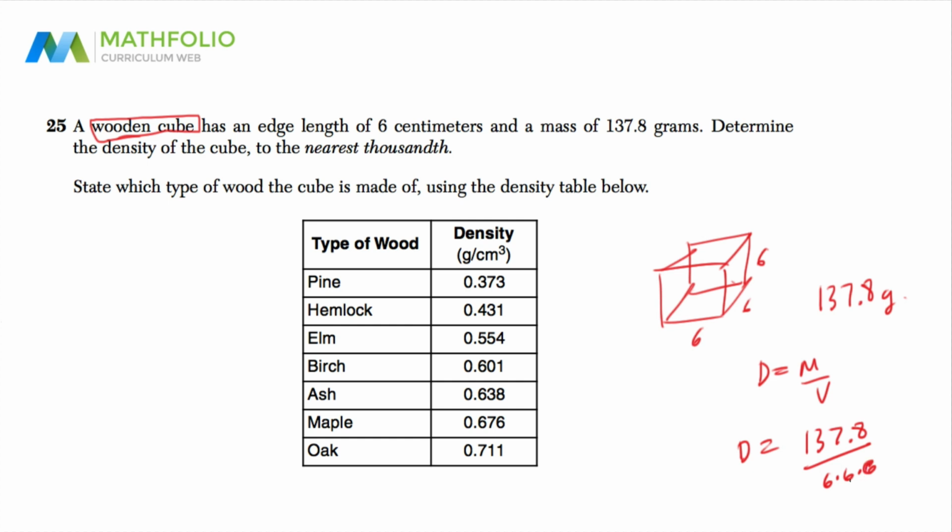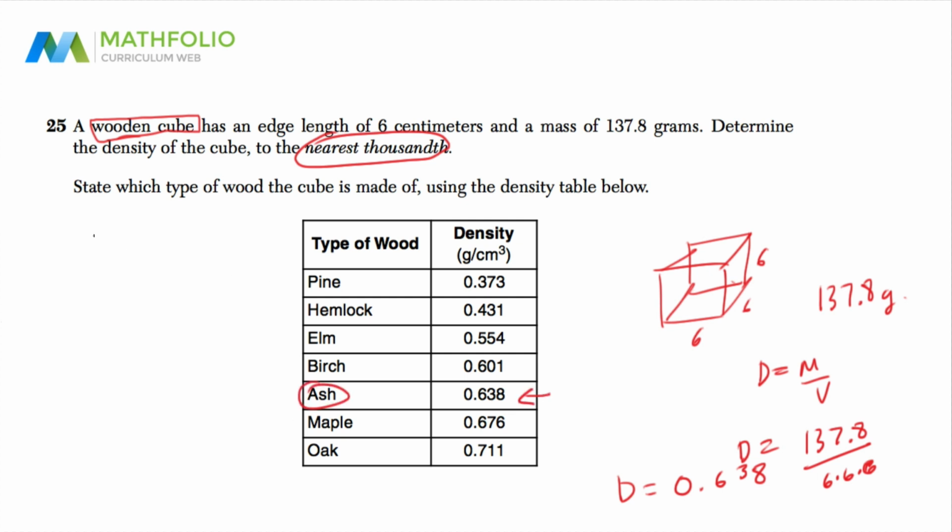It's just exactly the same as a rectangular prism. So 137.8 divided by 6 to the third power gives me an answer. And it does say the nearest thousandth up here, so I should always circle that. So the density equals 0.638, which I'm noticing is right here.